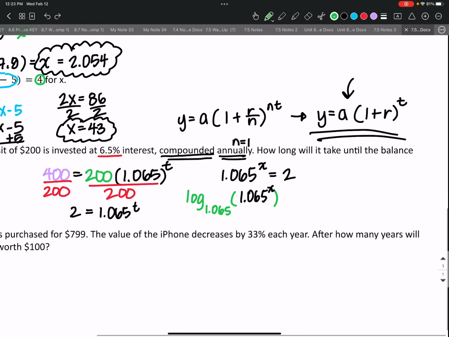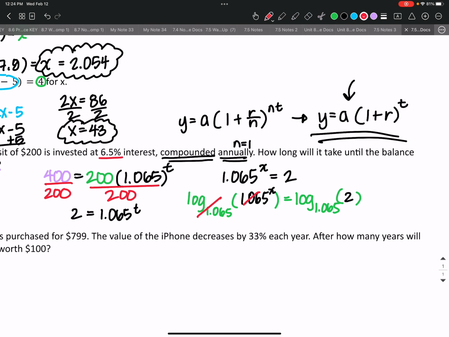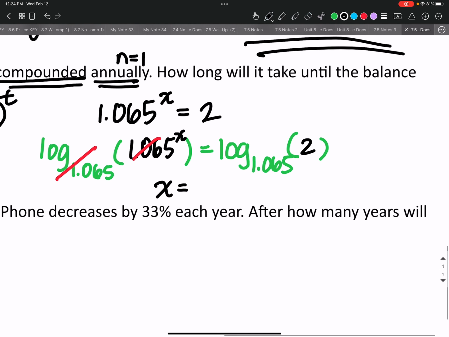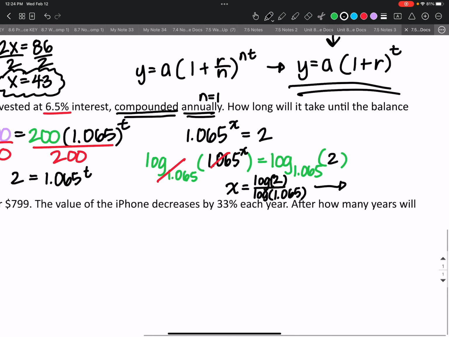If I do that on the left-hand side, I have to do that on the right-hand side, and then I can cross this out and just be left with x, and that's equal to, I have to change this base to fit in my calculator, so I would do log of 2 divided by log of 1.065. And if I do that in my calculator, I should get about 11 years.